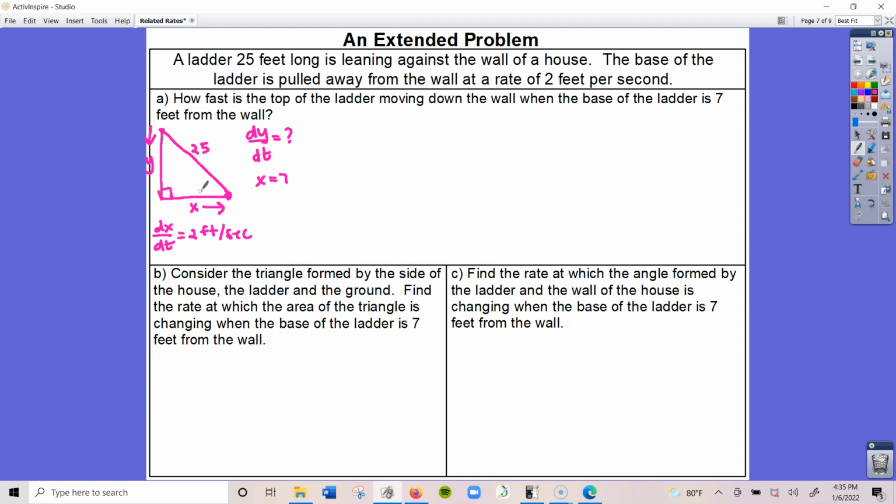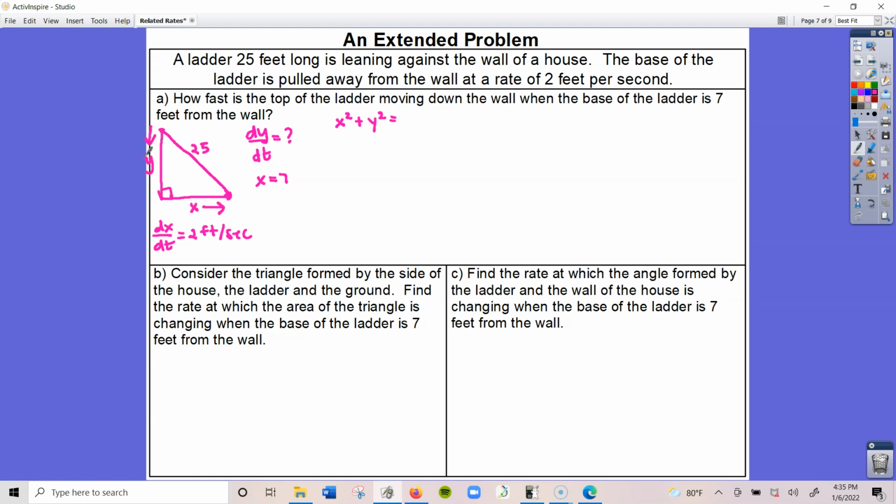Now remember what I said. This is a right triangle, so I'm going to use the Pythagorean theorem to relate all of these sides together. We're going to use x squared plus y squared is equal to, remember, the legs squared added is equal to the hypotenuse squared.